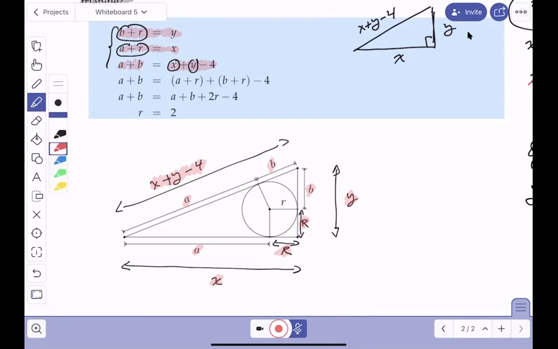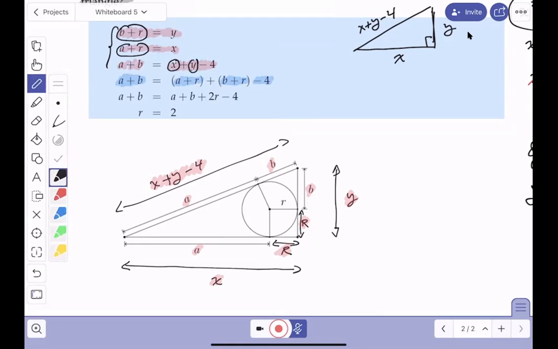A plus B, what's X? A plus R. What's Y? B plus R, minus 4. But what did I get rid of? I got rid of X and Y. I didn't want them anyway. What I want is R. I'm hoping this will yield the R.